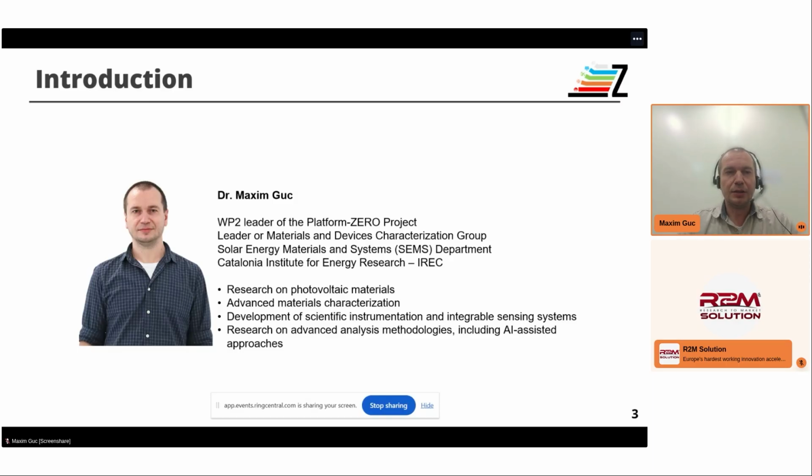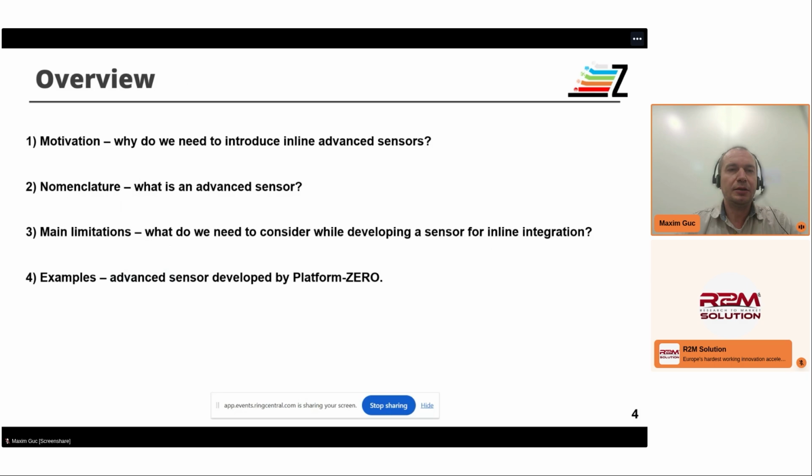And my talk today will be focused on four main axes. I will start with a brief motivation on why we need to include the advanced sensors in the production lines. Then I will speak a bit about the nomenclature of what we really mean by this advanced sensor term.